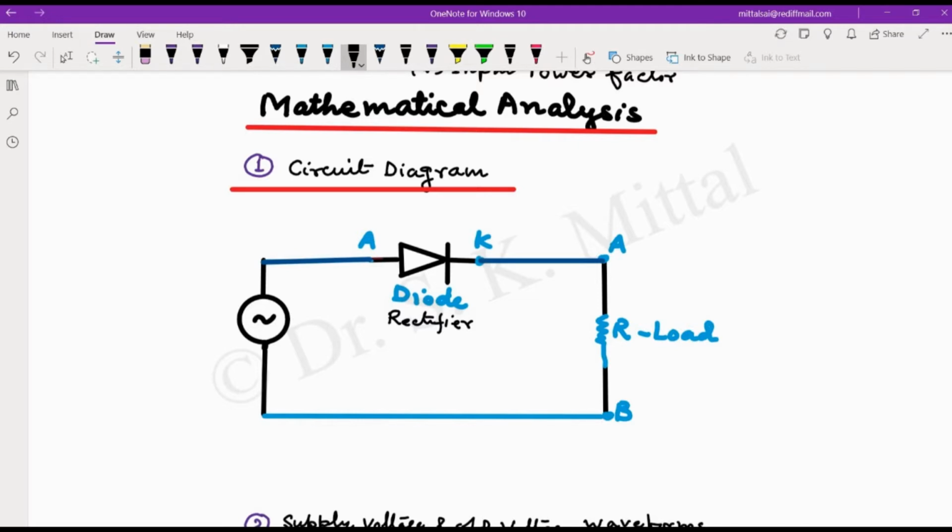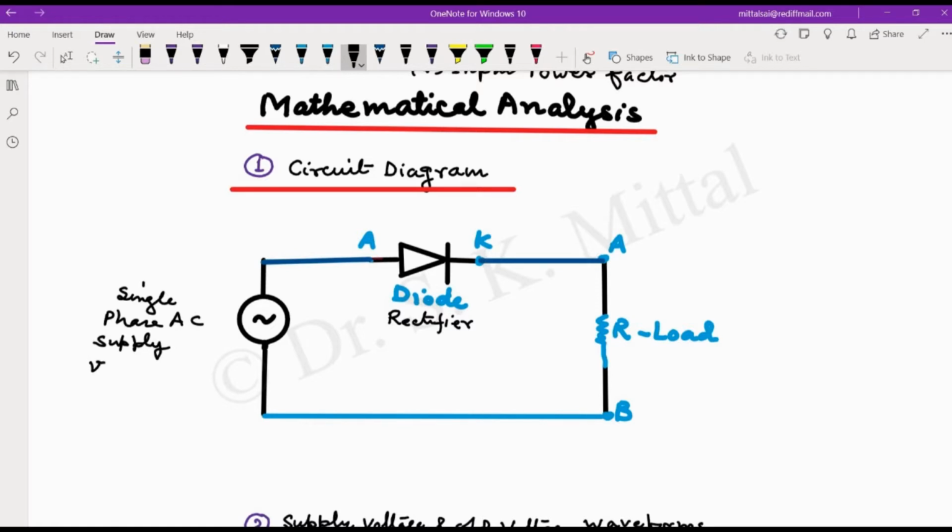Here with this rectifier, single phase AC supply voltage is applied at the input of the rectifier.